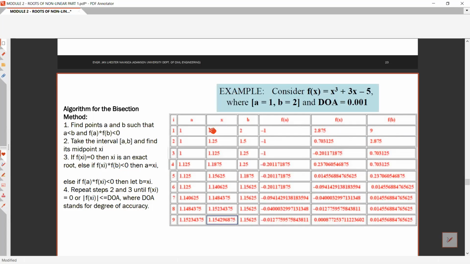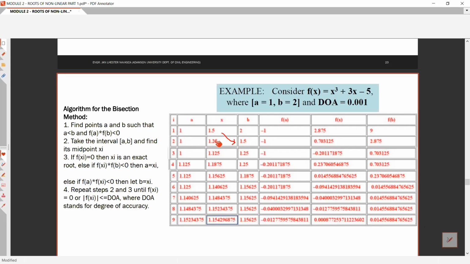So, therefore, yung xi natin, ito yung midpoint natin, siya yung magiging upper boundary natin. Kasi nandun na between 1 to 1.5 yung root natin. So pupunta siya dito sa upper na to.